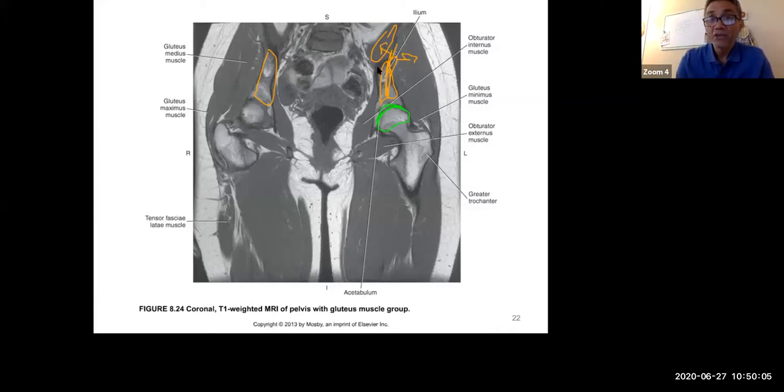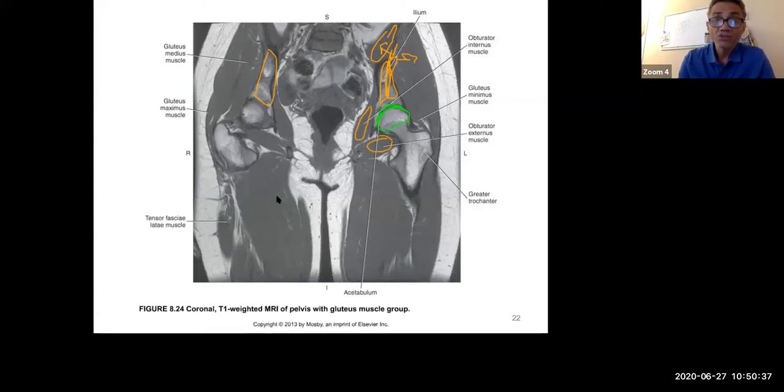Iliacus. If you go all the way down toward inferior, you still have the gluteus on the outside, but if you go toward the inside, you will see what? Obturator internus. Well, obturator internus means inside. That means a little bit toward the outside will be what? The obturator externus. Makes sense?